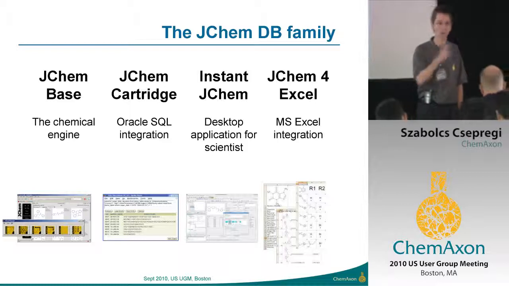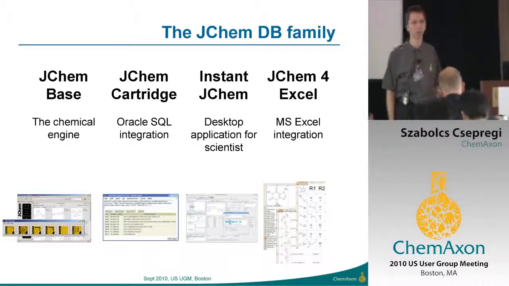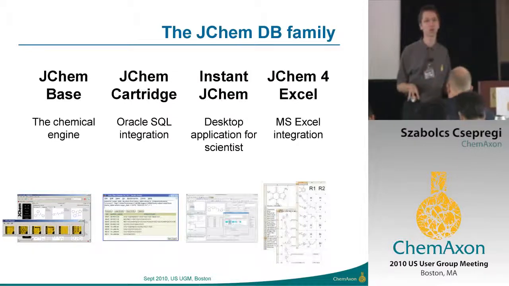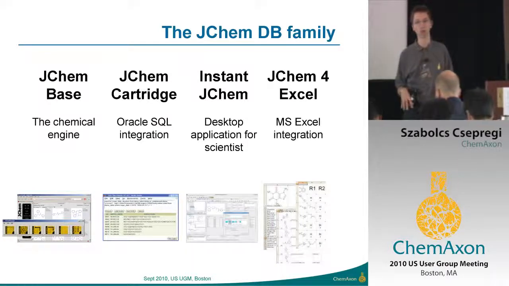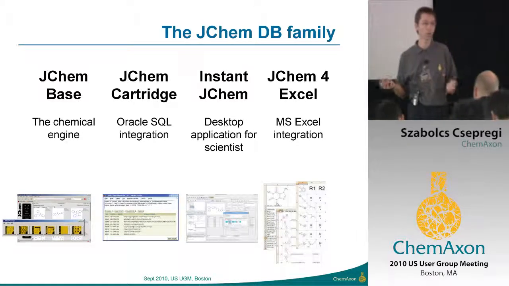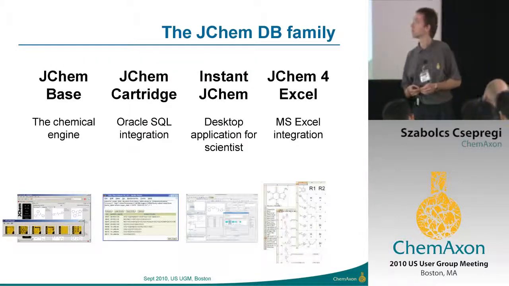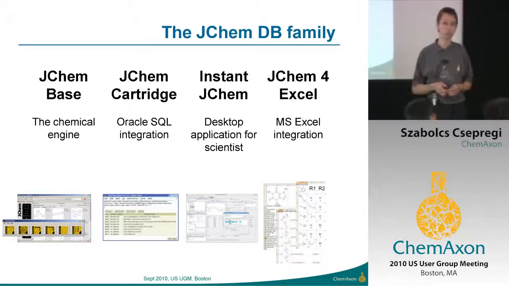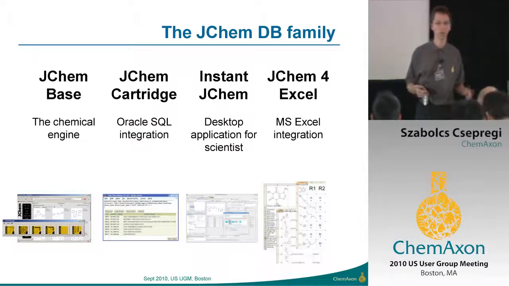So the JChem family contains 4 products. The oldest one is JChem Base, which was written in Java. It is basically a Java library. And it is the heart of all the other JChem tools. So, for example, JChem Cartridge, which is a wrapper around JChem Base.